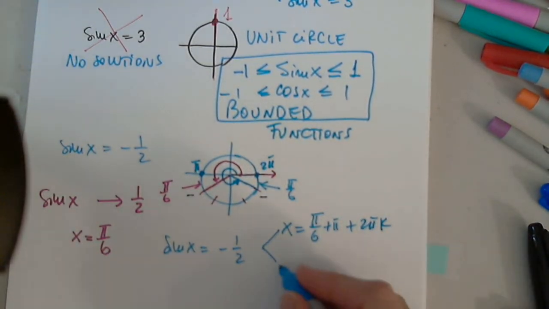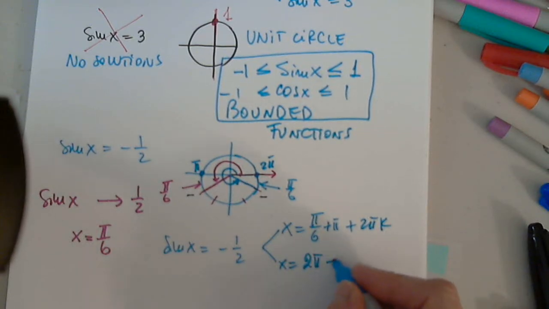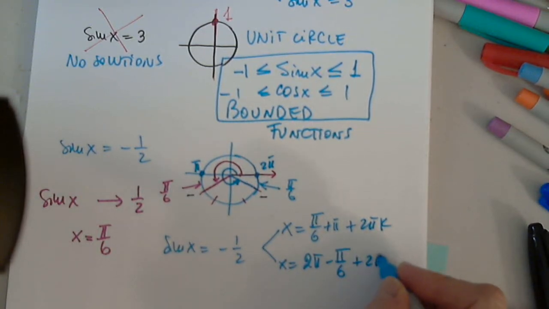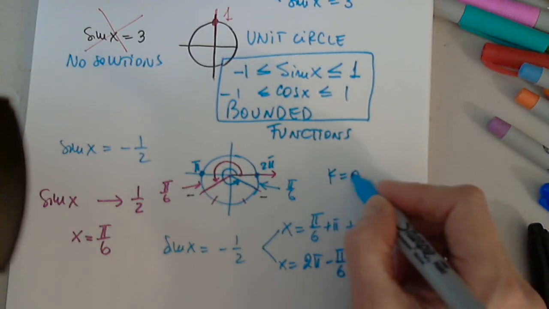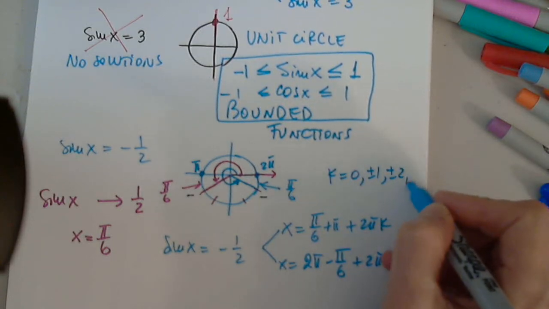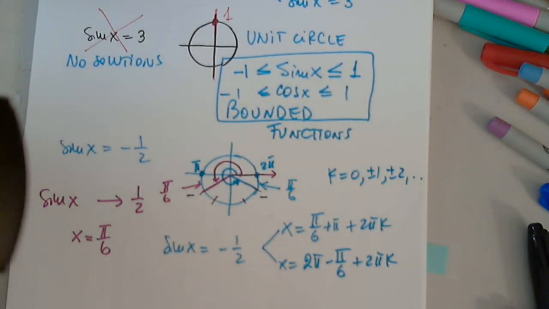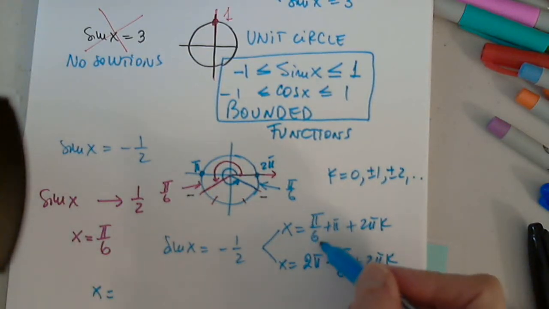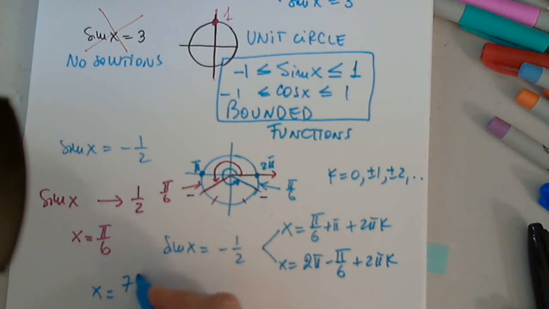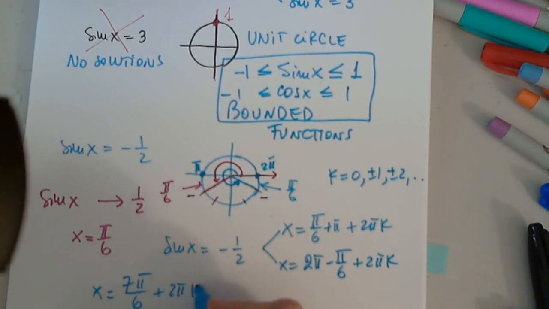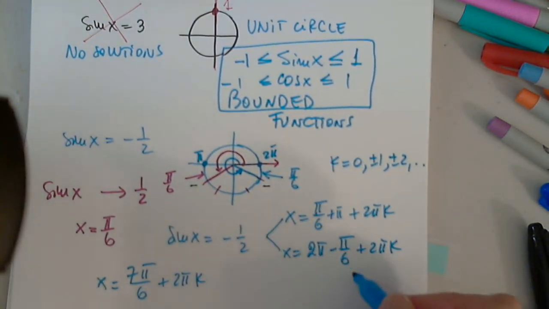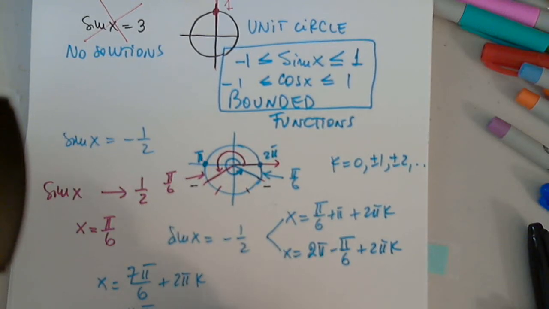And x equals 2 pi minus pi over 6 plus 2 pi k, where k is 0, plus or minus 1, plus or minus 2, and so on. So then the options are 7 pi over 6 plus 2 pi k, and 6 times 2 minus 1, 11 pi over 6 plus 2 pi k.